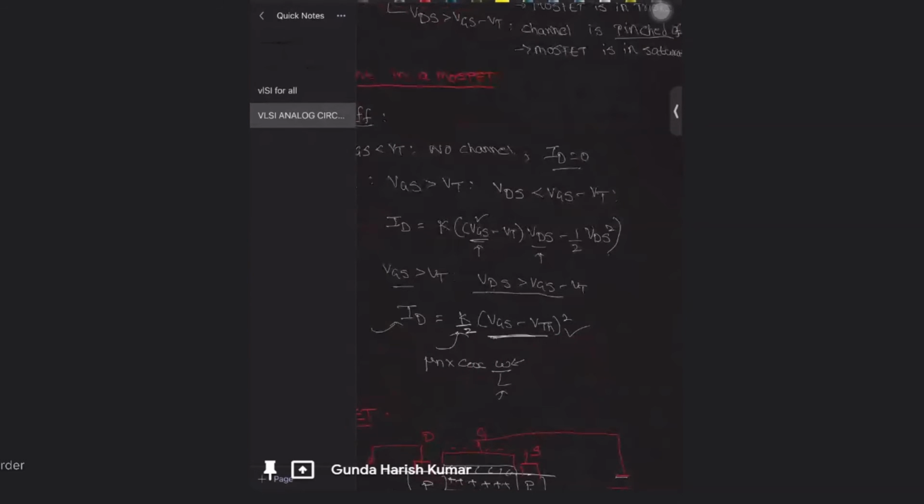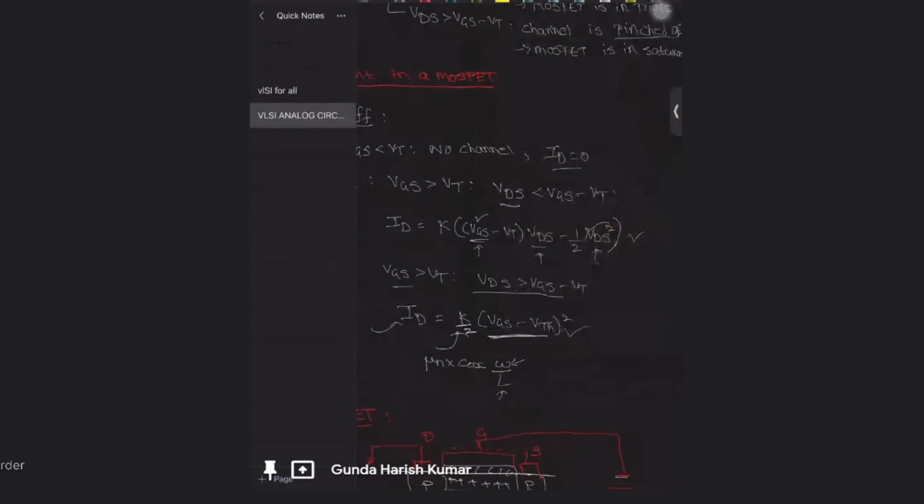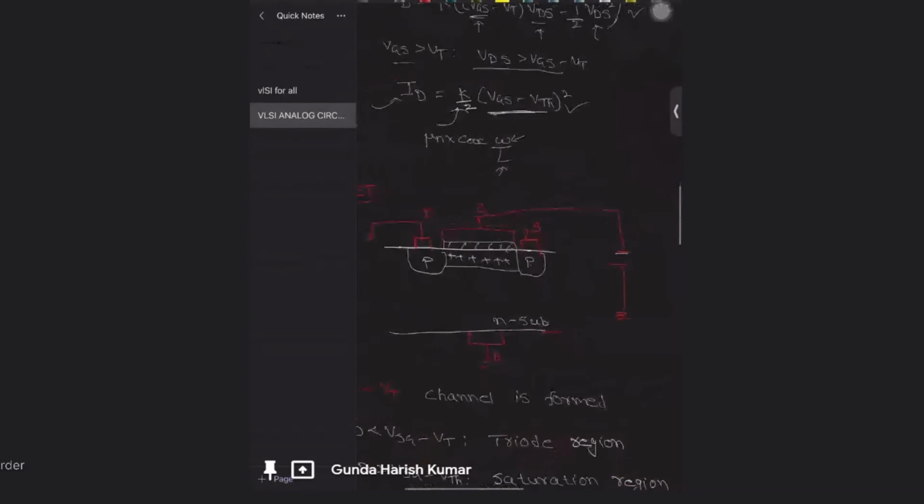In the triode region, you can see that the equation is this. For the lower value of VDS, it will be in triode region. If VDS reaches certain value, it reaches the saturation. In the triode region, if VDS is very small, it is linear. ID is directly proportional to VDS. If my VDS goes on increasing, this will dominate, and it will be like a parabola kind of thing.